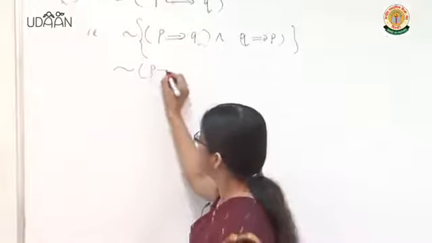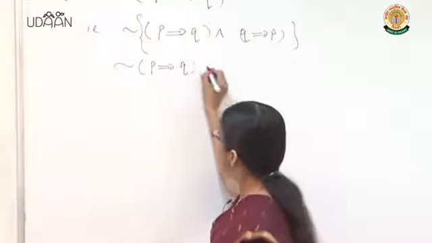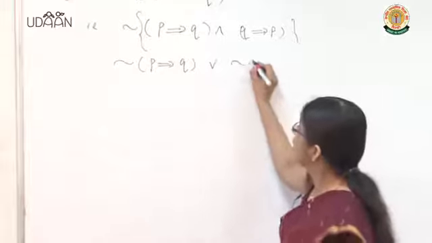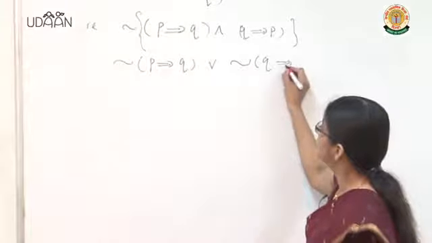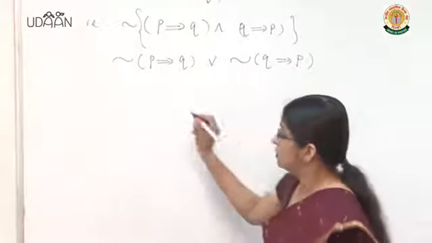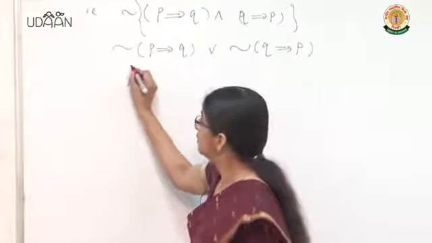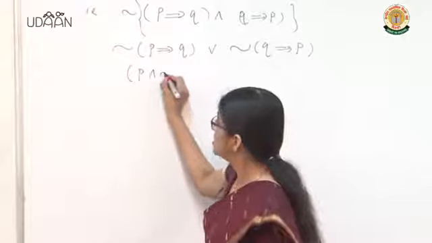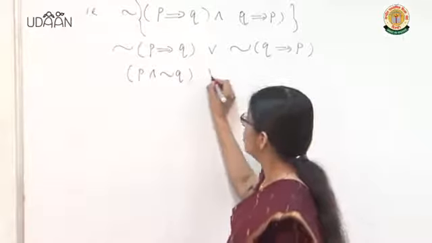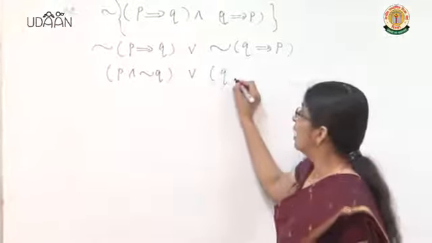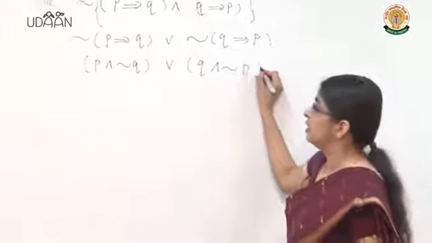Negation of P implies Q or negation of Q implies P. Right? Take this negation inside. It becomes P and negation of Q or Q and negation of P.